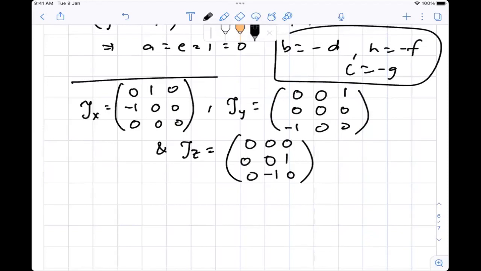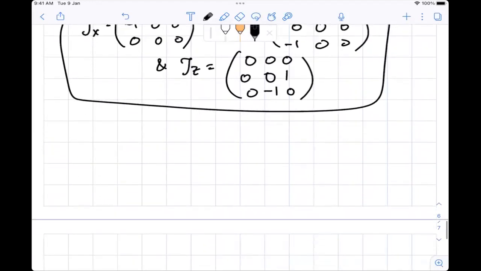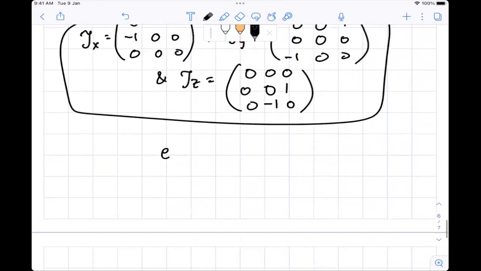Okay. So now, as we did before, any general rotation in 3 dimensions can be written as exponential of theta Jx plus phi Jy plus psi Jz.